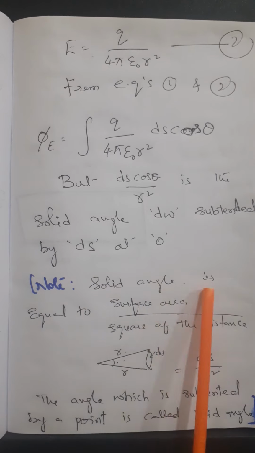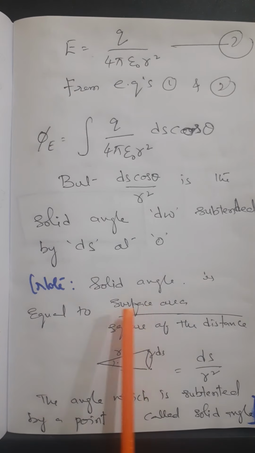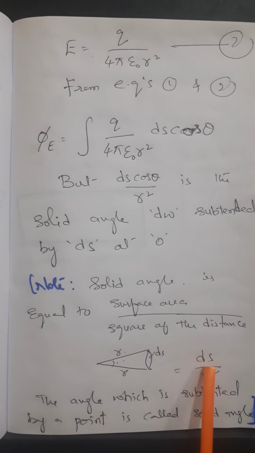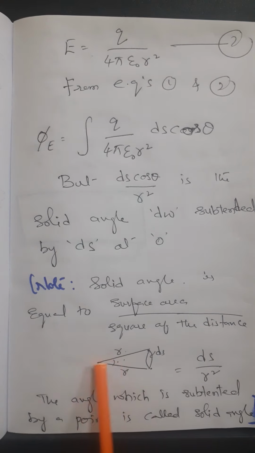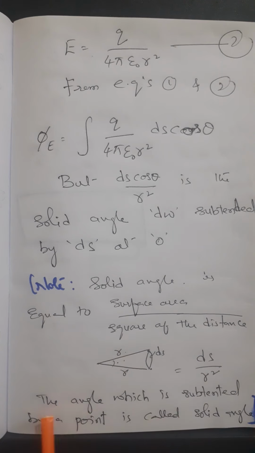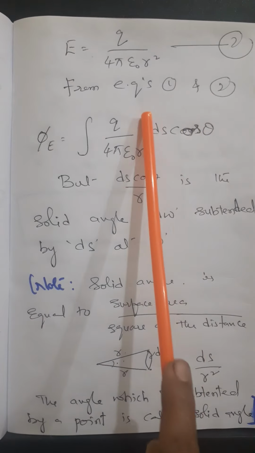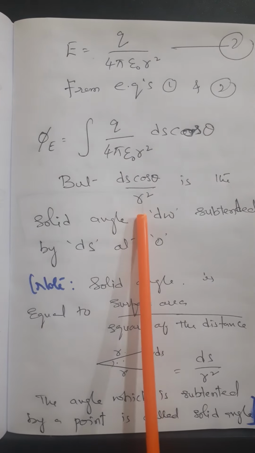The solid angle is the surface area divided by the square of the distance. Here the surface area is ds, or in terms of components ds cos theta, divided by the square of the distance, r times r, which is r square. The angle subtended at a point is called a solid angle. So the total term ds cos theta by r square is a solid angle.